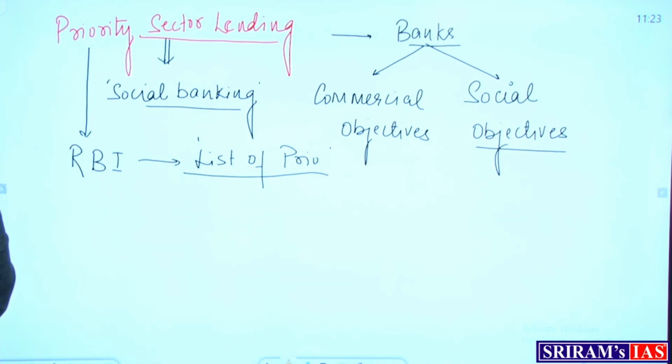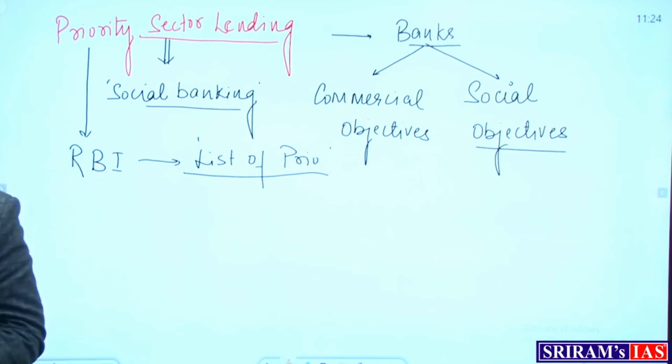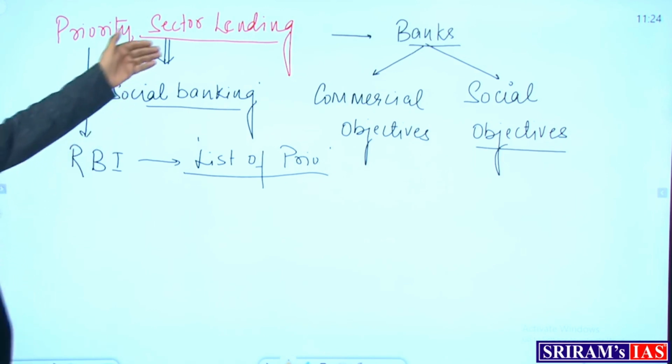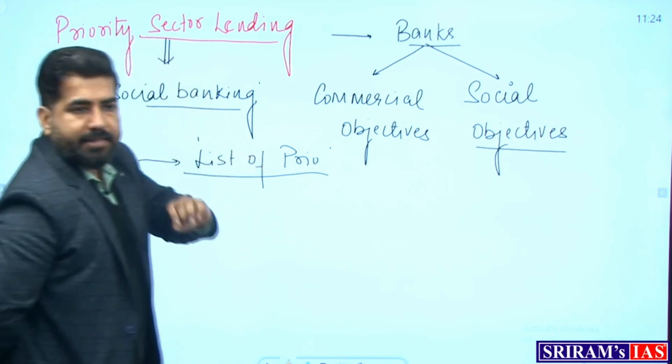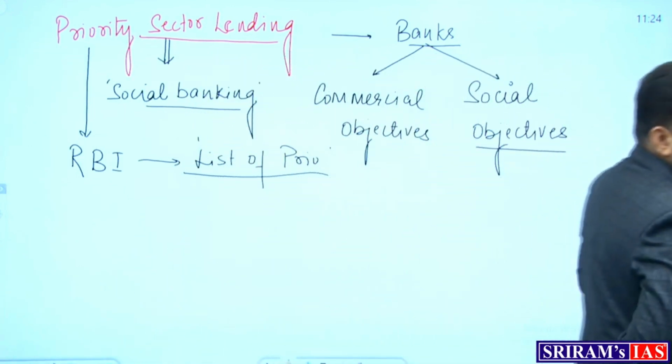Urban cooperative banks will have the higher requirement because the purpose is clear. Urban cooperative banks, again I told you why they have been created, for uplifting the community. Clear? So now I'll tell you the requirement and the other list of priority sectors which is important from the prelims exam. So now write down some points.